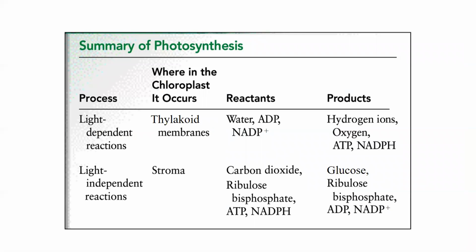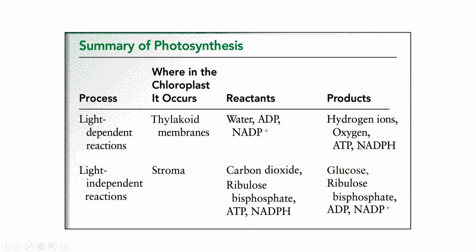So this is a summary of photosynthesis. The light-dependent reaction, which we learned in the previous lesson, occurs in the thylakoid membrane, with the reactants required and the products formed. So the hydrogen ions are used to form the reduced NADP, while the oxygen is released into the atmosphere.